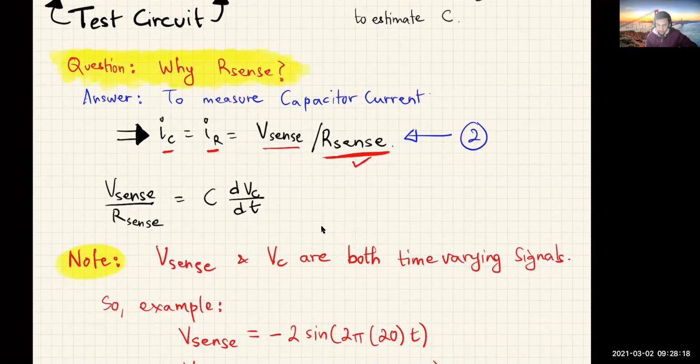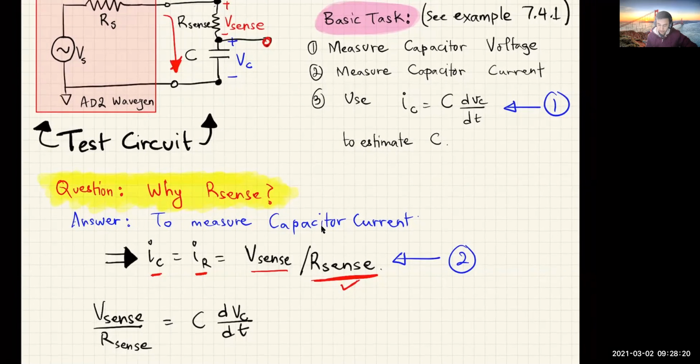Okay, so now using this relation for the capacitor voltage and current, and this relation that you just got between the capacitor current and the sense voltage, you can construct this equation where you have all the known quantities except for the capacitance.